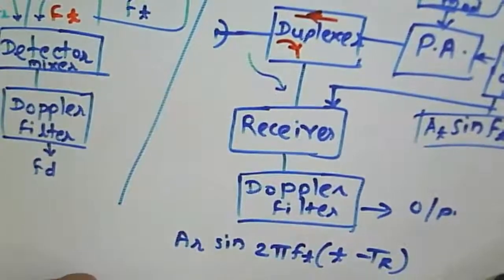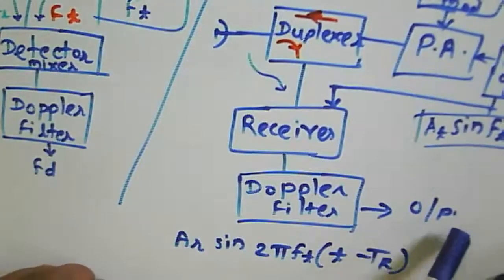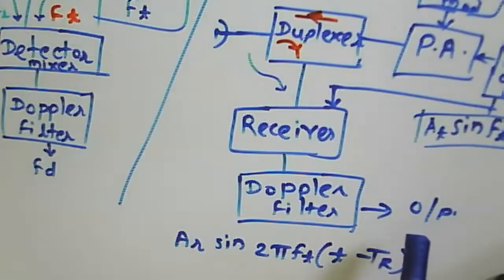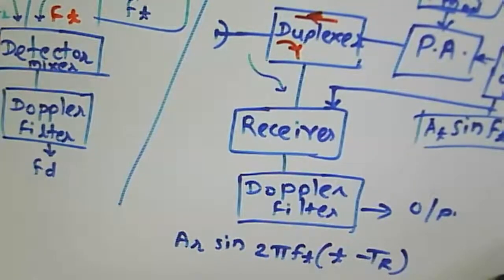We use only a band pass filter, and then we'll get the FT here. Now from this, what can we calculate? What will be the output at this Doppler filter? For that purpose, we need to know what type of signal we are transmitting here.